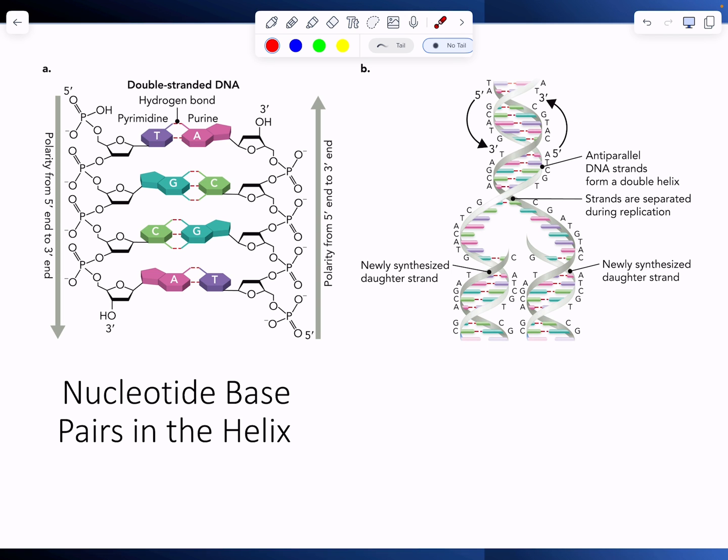Okay, so when we talk about our polymers, we will talk about backbones in DNA and proteins. In carbohydrates, we'll talk about main chains. The backbone is going to be where the polymers link together. Just like when you have Legos, you have the knobs and the holes. That's how you connect them. You stick them together.